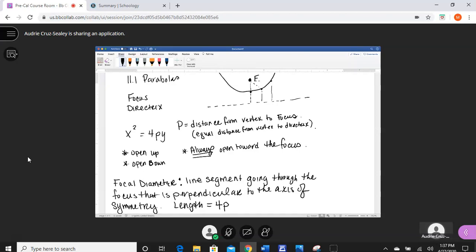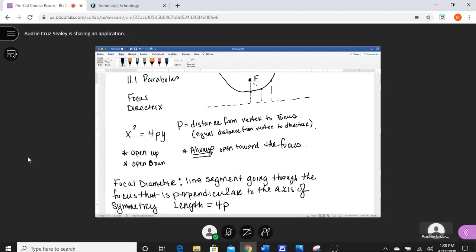So here's just a couple of notes I want you to know. Just to recap while you're writing: if you see that x is squared and y is not, that means the parabola is going to either open up or open down.